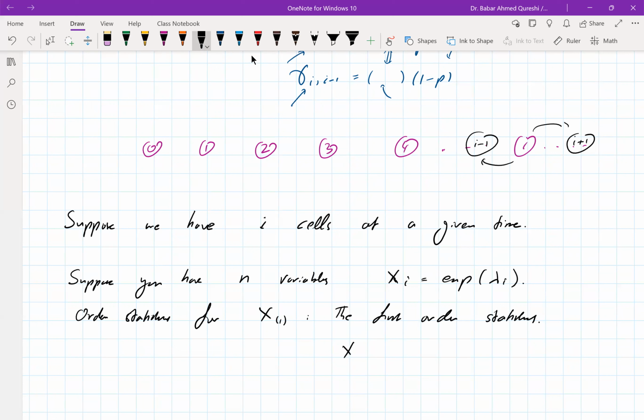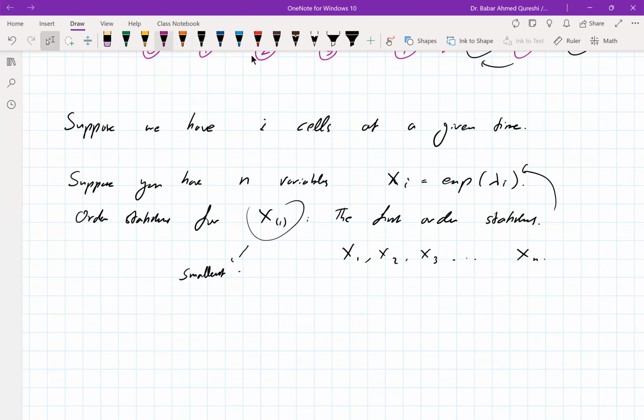All of these x1, x2, x3 up to xn take certain values randomly according to this distribution. Out of those values, I pick the smallest. My question is, what is the distribution for the smallest value? What kind of distribution is that going to be?